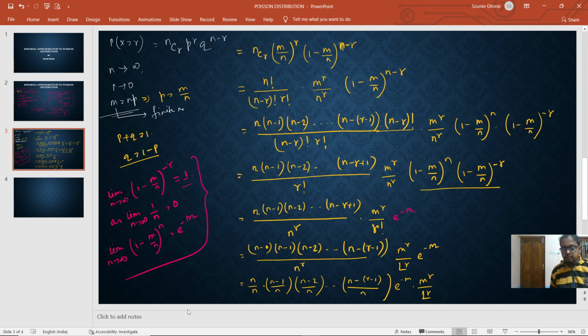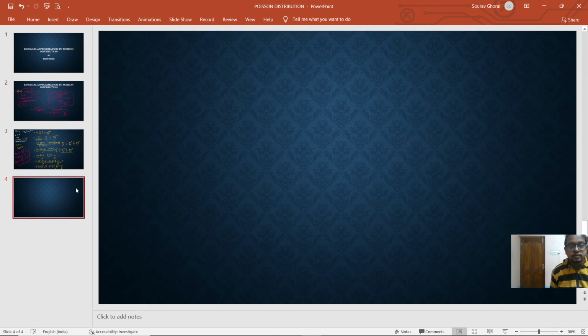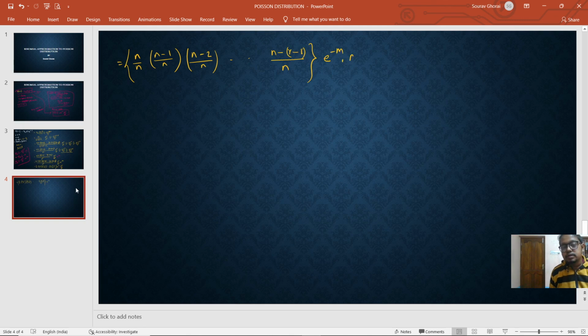So from here, I'm going to the new slide. That is what we get: n/n into (n-1)/n into (n-2)/n up to (n-r+1)/n, into e to the power minus m into m to the power r by r factorial.